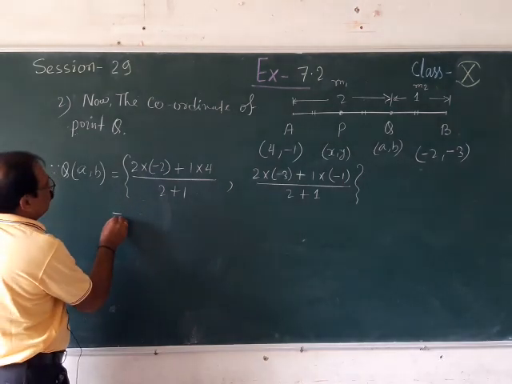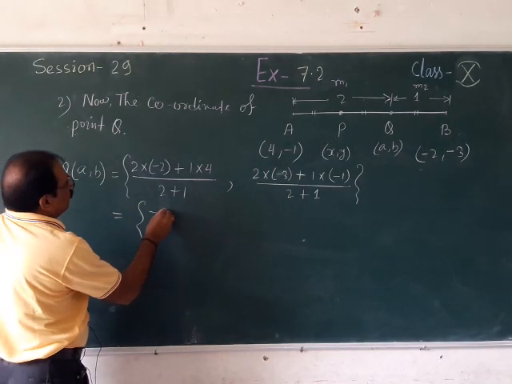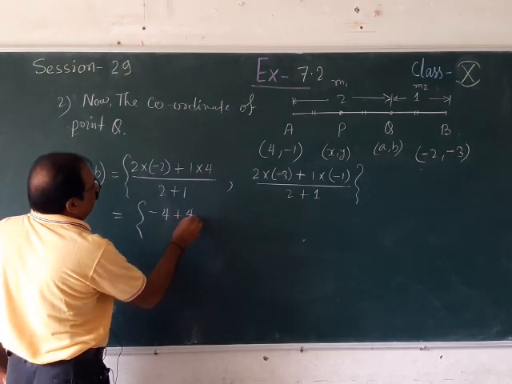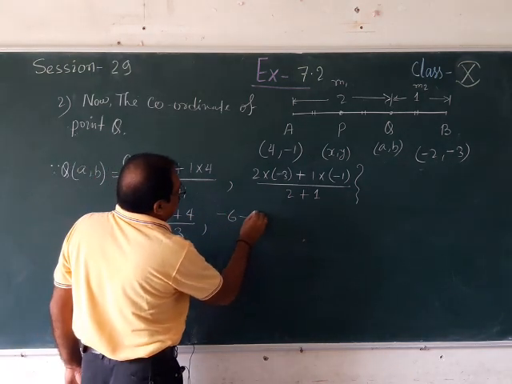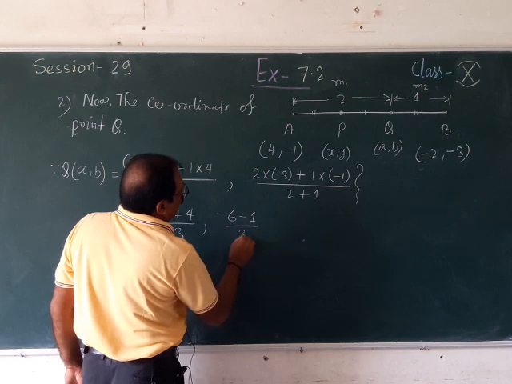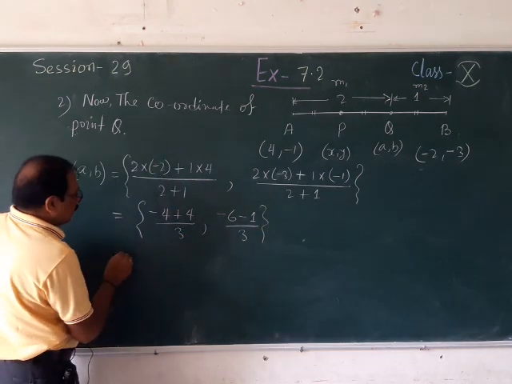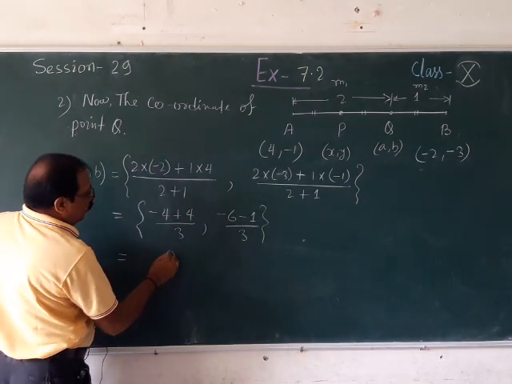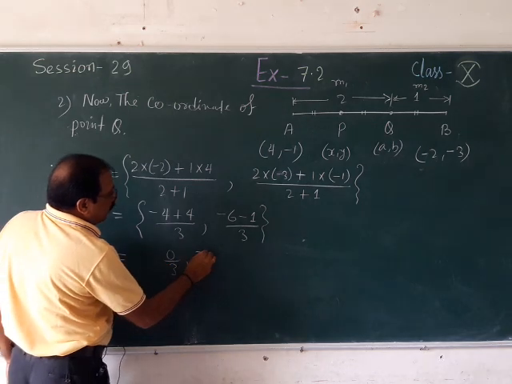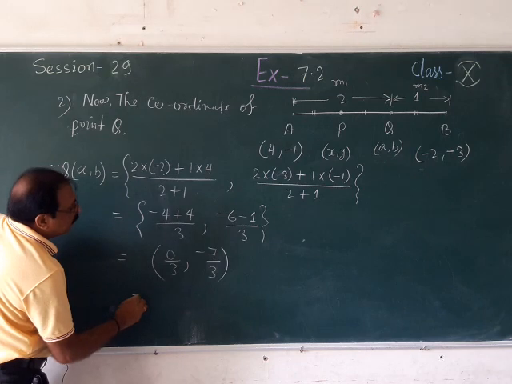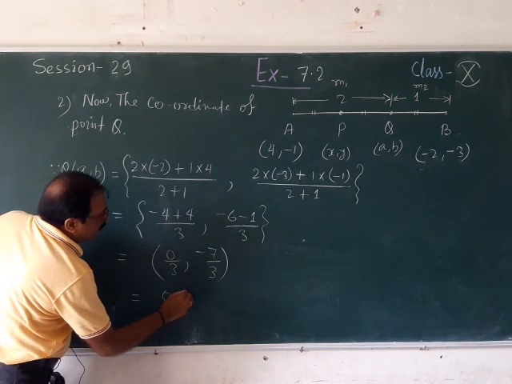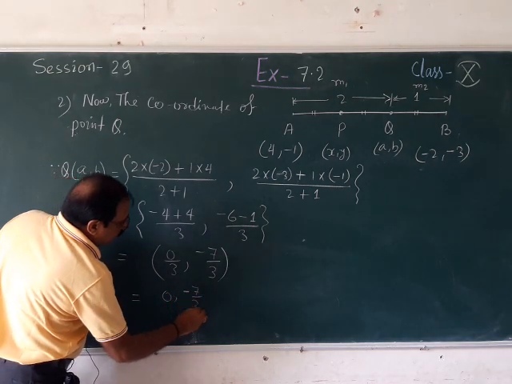Now just try to solve it. (-4 + 4)/3, and here (-6 - 1)/3. Further it will be 0 upon 3 comma -7 upon 3. Now it is 0 comma -7 by 3.